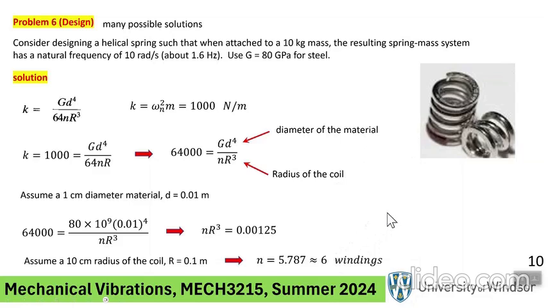So the moral of the story is that if you use 6 windings of a coil with 1 centimeter diameter, and you wound it so that the radius of this coil is 10 centimeters, the resulting spring will lead to a frequency of 1.6 hertz if you attach a mass of 10 kilogram to it. So it's a design problem.